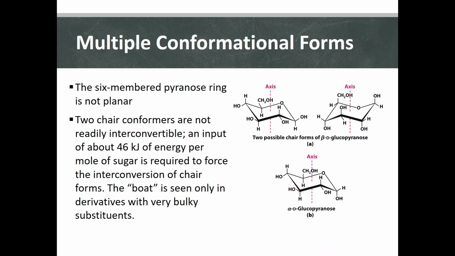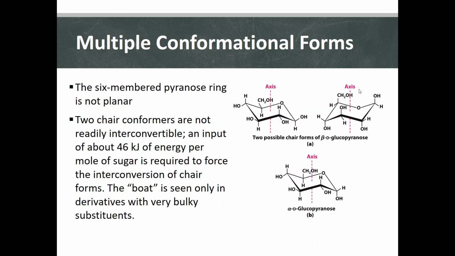Now, when we look at beta D-glucose, or even the alpha D-glucose shown here, but let's focus on beta D-glucose, you have two different possible chair conformations. These are not readily interconvertible. There's about a 46 kilojoule energy barrier that separates them, so you have to put in about 46 kilojoules of energy to convert one to the other. So this interconversion does not readily occur. The boat conformation is really only seen in derivatives with bulky substituents.